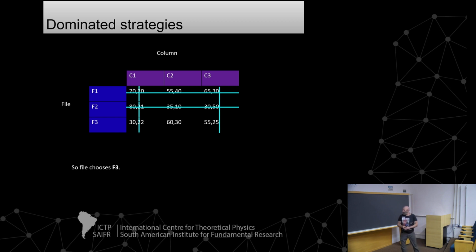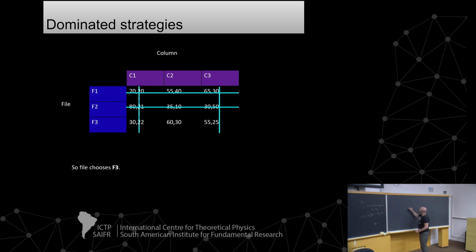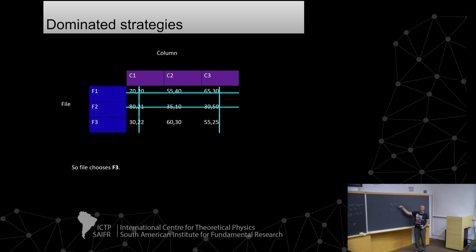And also, for example, you may have a situation when you have two strategies for, I may have, for example, F1 and F2, and C1, C2, and C3. So the number of strategies doesn't need to be the same. So in this case, I will need two matrices.